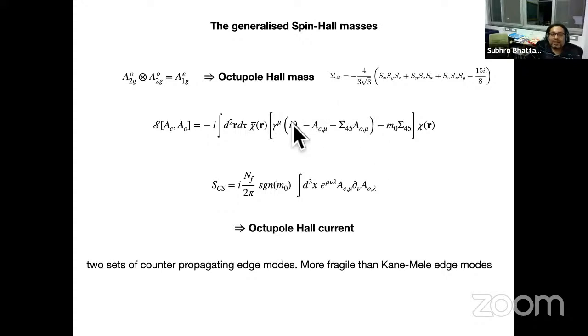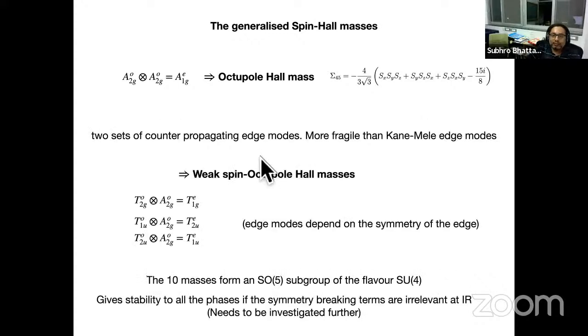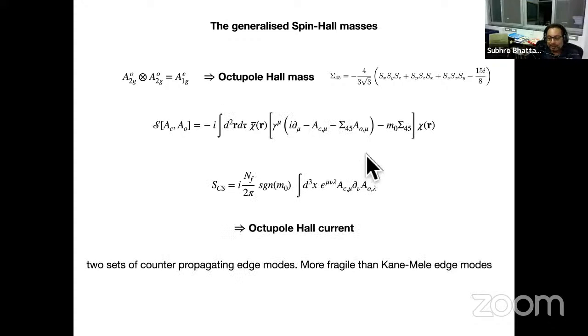One can check that if I turn on an electric field, it gives rise not to an electric current like the charge Hall effect, but to an octopole Hall current, similar to the spin Hall effect that we know about. And we have two sets of counterpropagating edge modes.